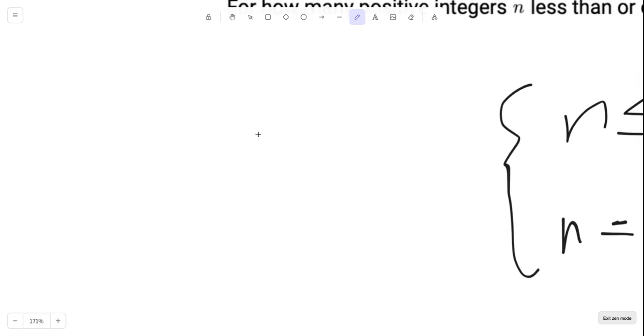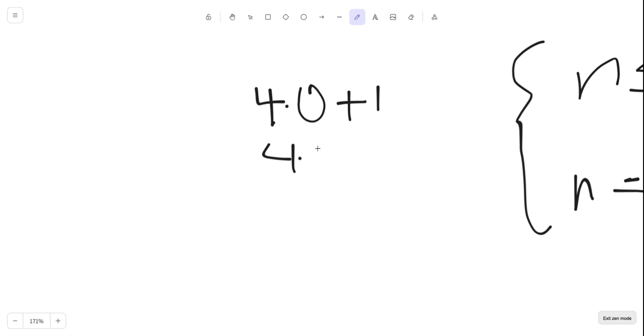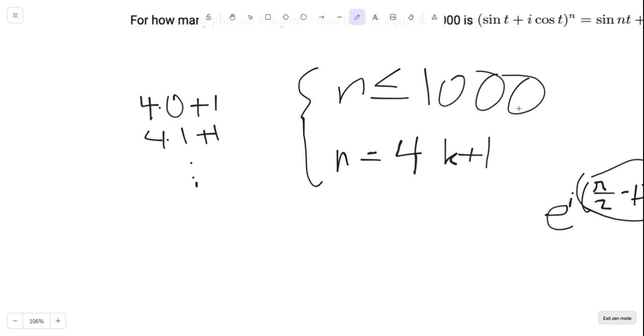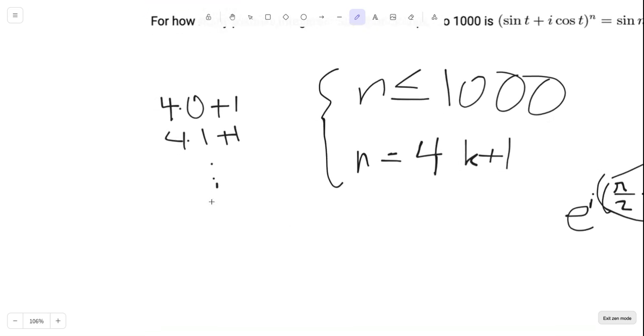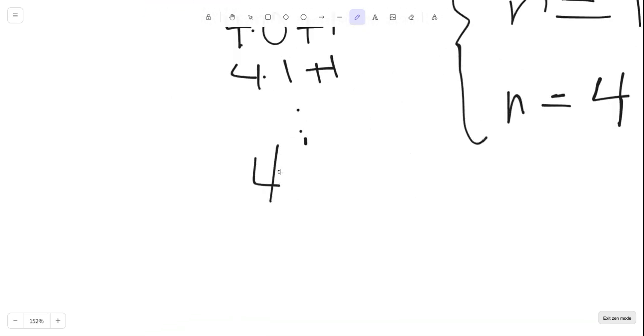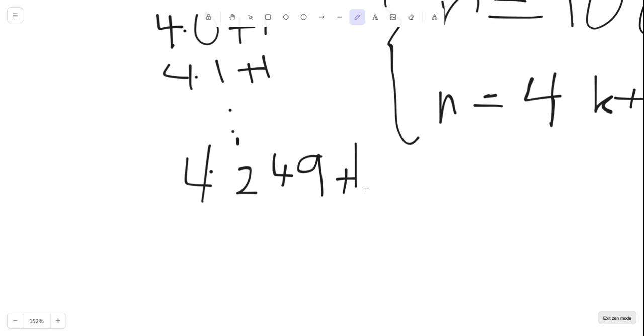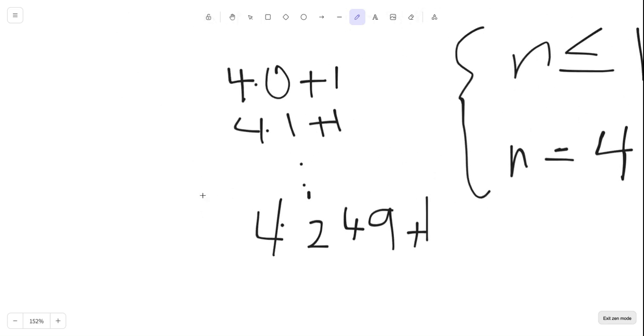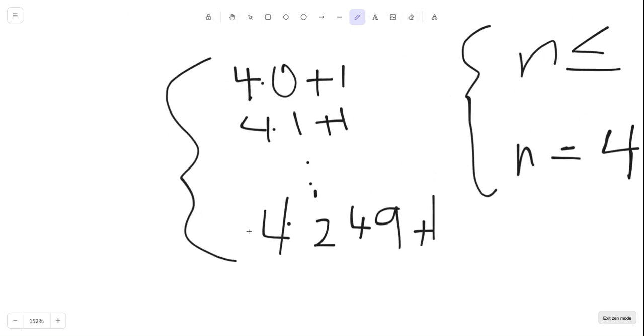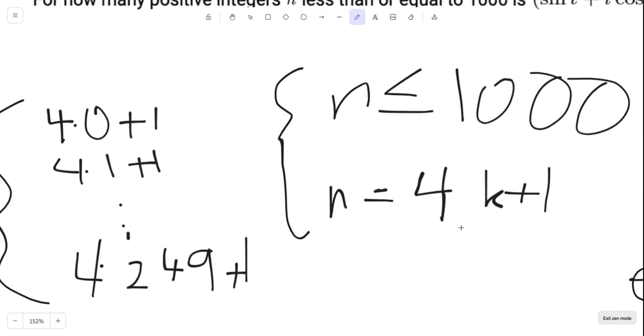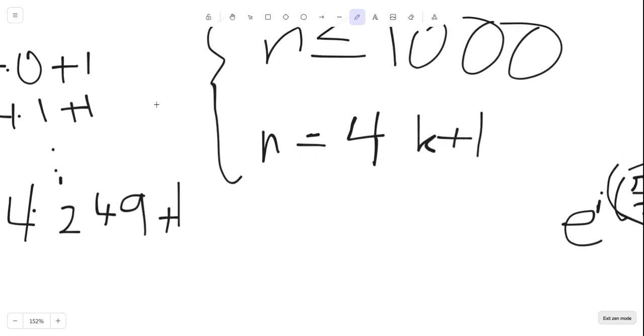It can be 4 times 0 plus 1, 4 times 1 plus 1, all the way until 4 times 249, because 4 times 250 is 1000, and we're adding 1, so it has to be less than or equal to 1000.